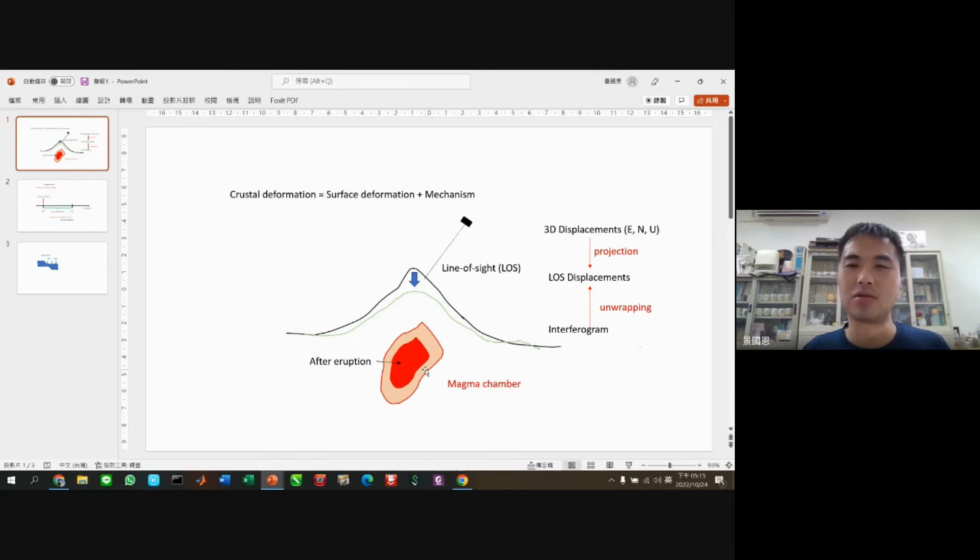So we always need to understand their limitation, then we could understand how to apply those techniques to our study.